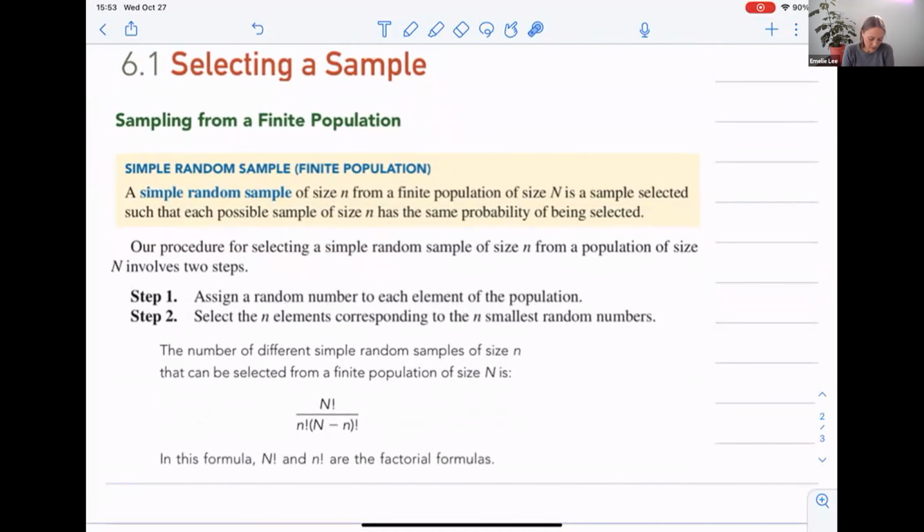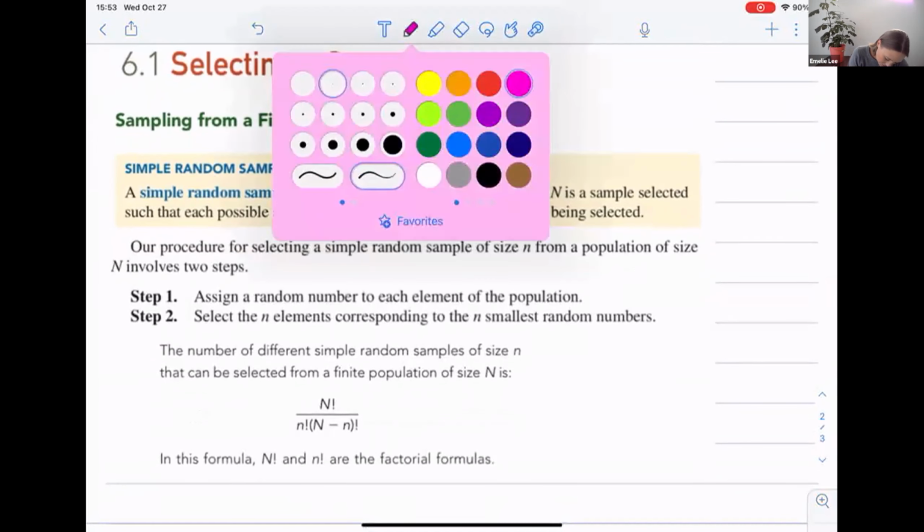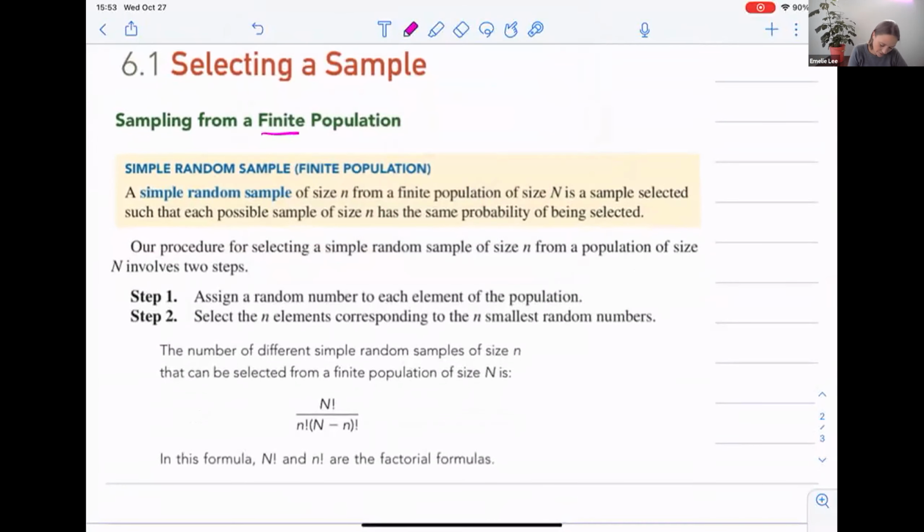So if we're sampling from a finite population, then we're going to be able to use a simple random sample. And there are lots of ways that we can generate a simple random sample, but as long as every individual in the population has the same probability of being selected into the sample, then you've collected a simple random sample.